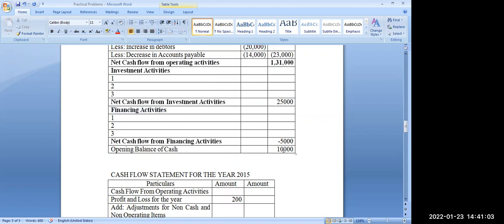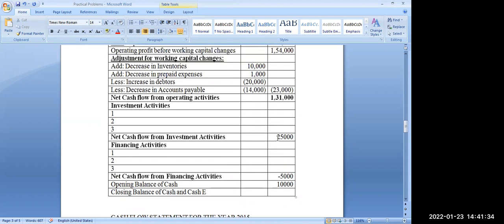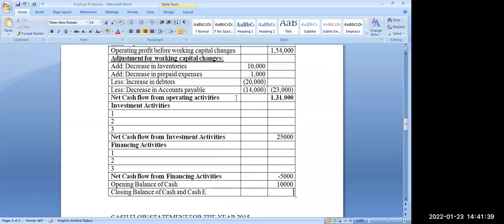All these put together should be equal to the closing balance of cash and cash equivalents. This will be there in the current year balance sheet, on the asset side under current assets. This addition should be equal to the amount in the balance sheet. Is it understandable? This is the way in which you have to prepare the cash flow statement. Any doubt?